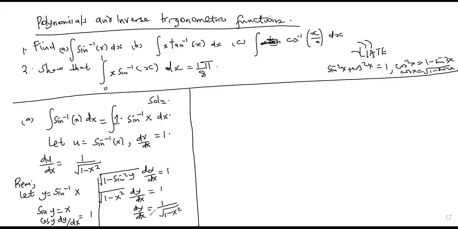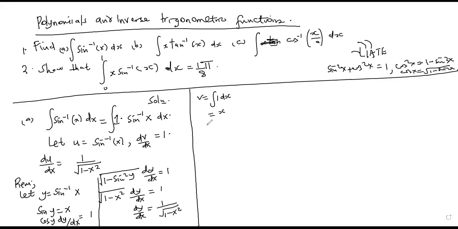So this comes to, if you have dv dx, it means that our v is the integral of 1 dx, which is x.